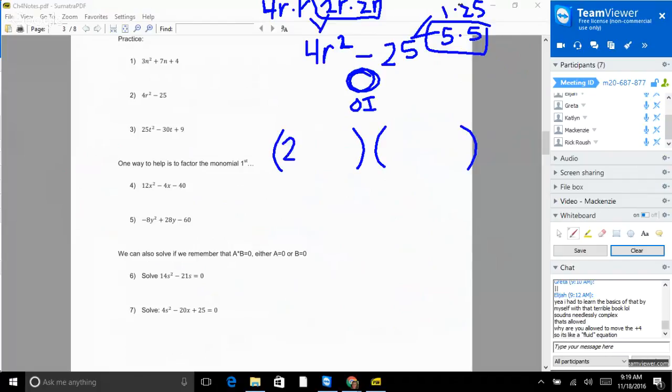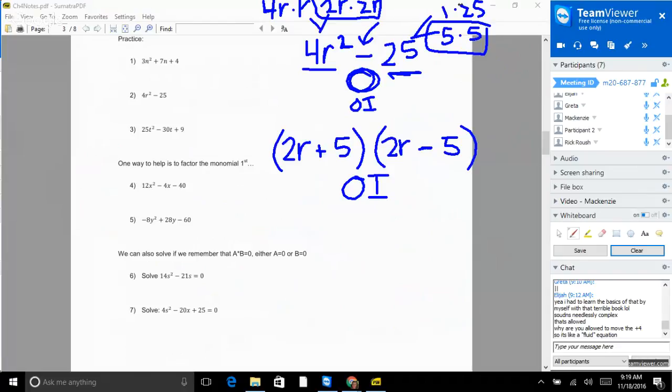So what I mean by that is 4r squared can be made up of 2r times 2r, and 25 can be made up of 5 times 5, right? And you'll notice it's a negative, so that means one has to be positive and one has to be negative. Now the cool thing about this is when I do my outside, inside, right?